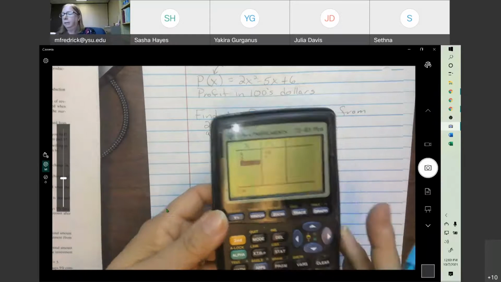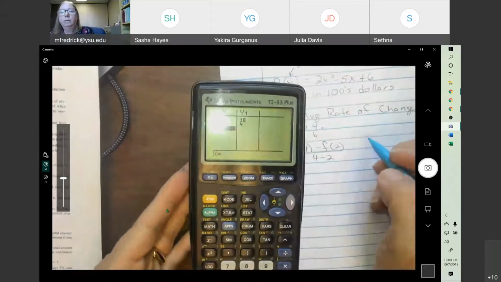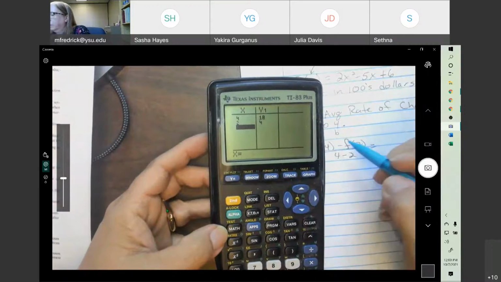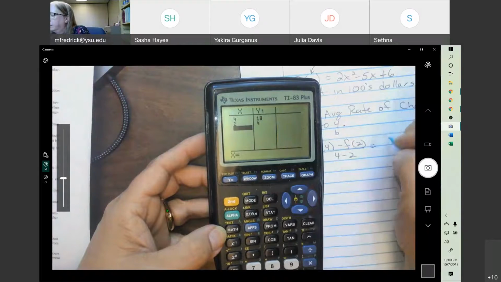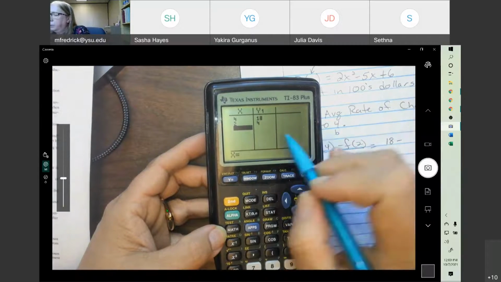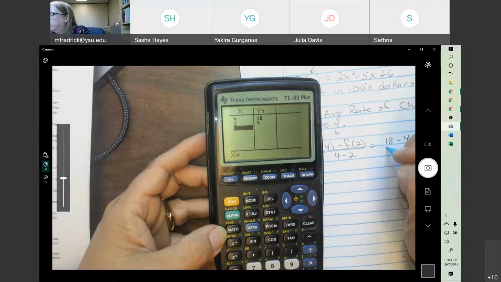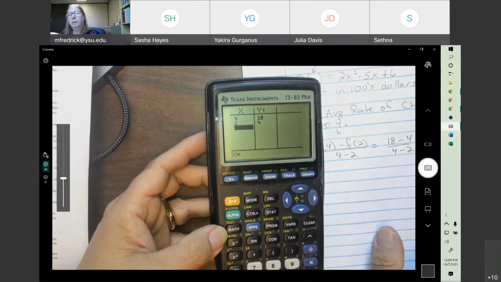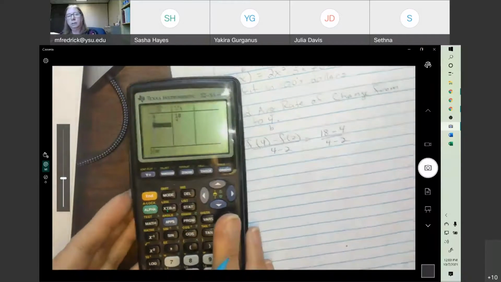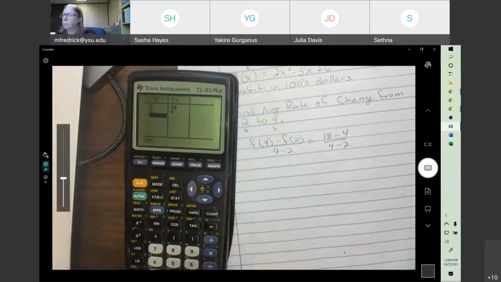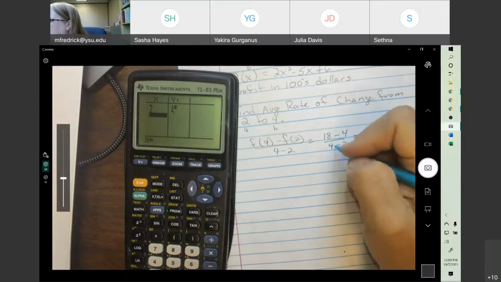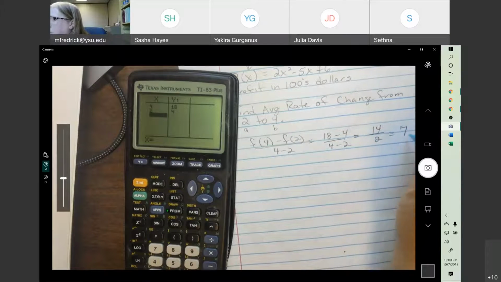So then plugging these in, f of 4, which was 18, minus f of 2, which was 4, over 4 minus 2. Any questions on that? 18 minus 4, 14 over 2, which is 7.